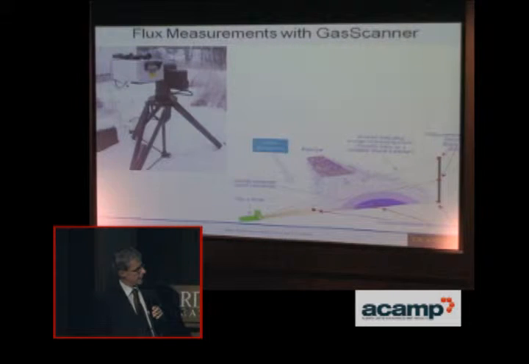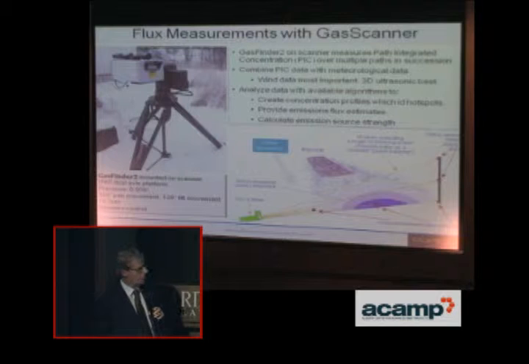So shown here in this cartoon is an image of an area source with emissions of a particular gas, let's say methane or CO2. What we have implemented is a means of using a single open path laser device, as shown here, on a programmable scanner to send the same laser beam successively to a number of different reflector targets in order to measure the path integrated concentration in a number of different paths.